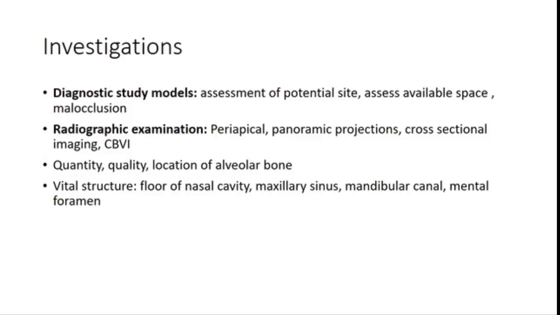It helps in preparing the stents. Then you have radiographic examination, that is periapical, panoramic projections, or CBCT. There are different methods which are required in the planning of the dental implants.